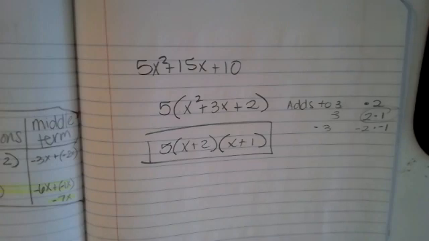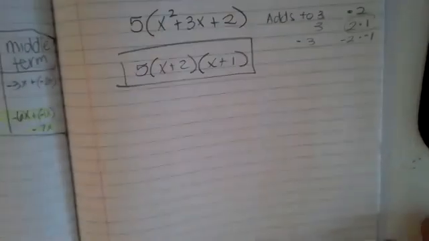So we have to know what to do if a is going to be greater than 1 and I can't factor out a GCF. Now, there is another way to go about doing this that I'm going to show you that I personally like a little bit.